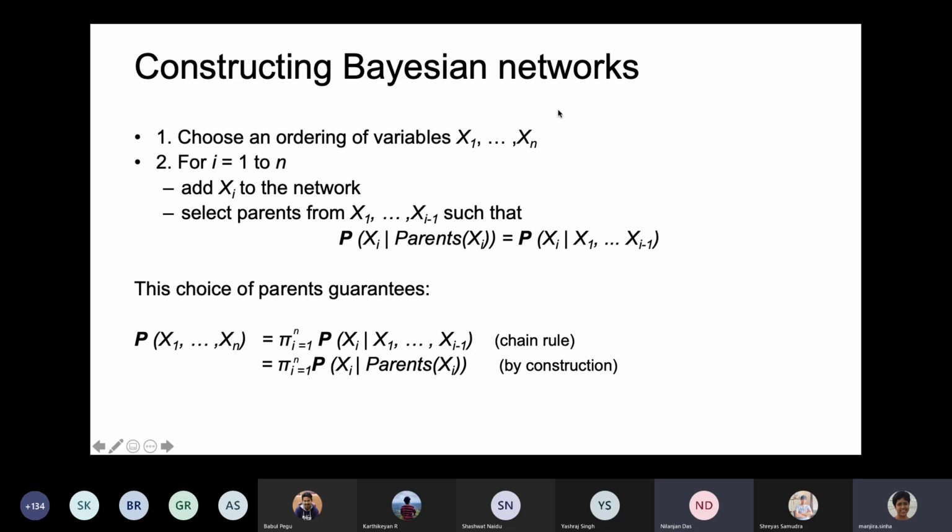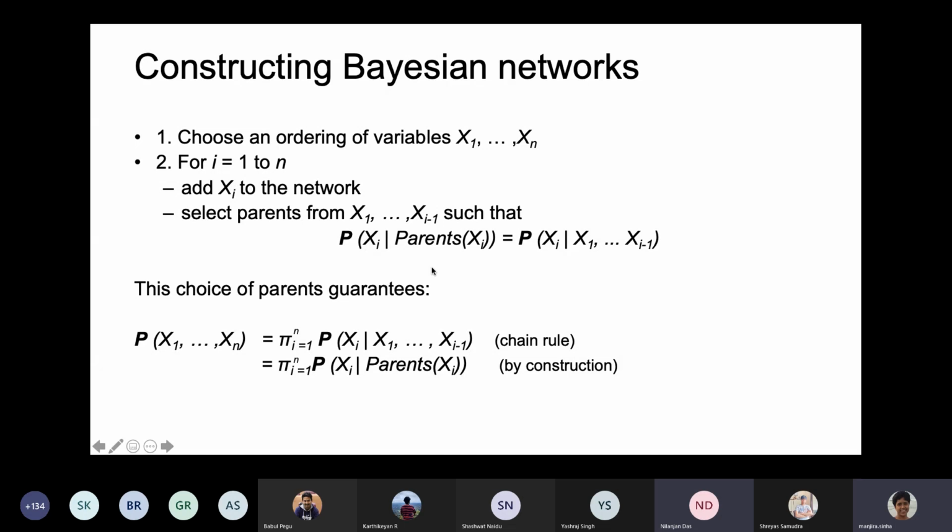Say for example, I pick i equals 4. So I need to add x4 to the network. That means I need to establish some connection from parents to x4 or x4 to its descendants. As we have seen, the conditional probabilities are only dependent on parents, so parents are the most important part.